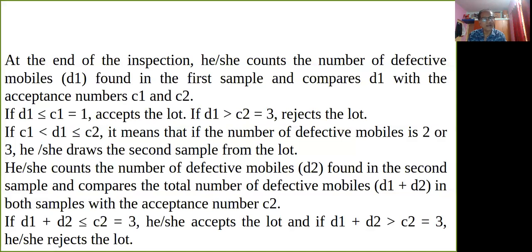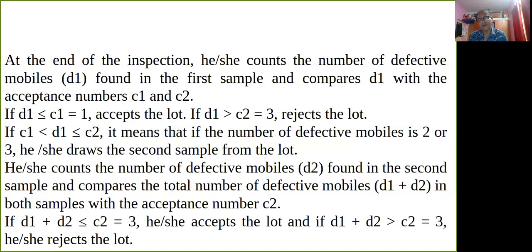If D1 is less than or equal to C1, where C1 equals 1, then we need to accept the lot. If D1 is greater than the C2 value, that is 3, then we need to reject the lot.